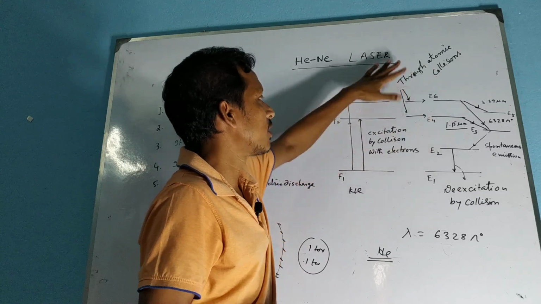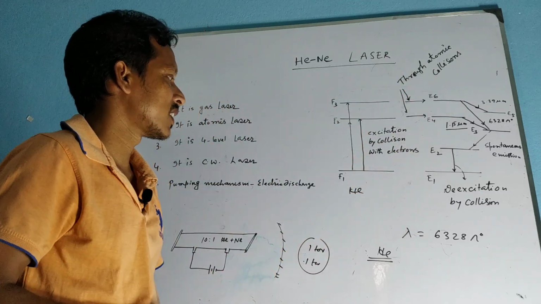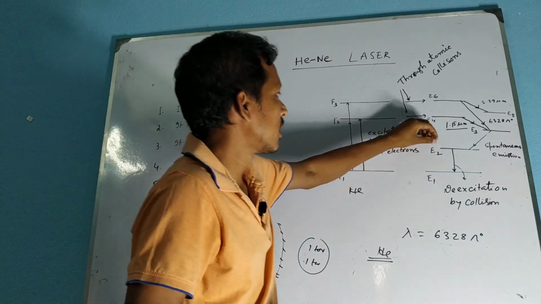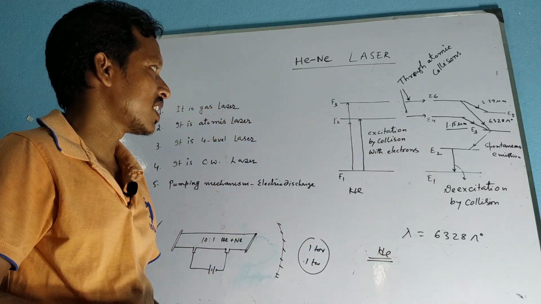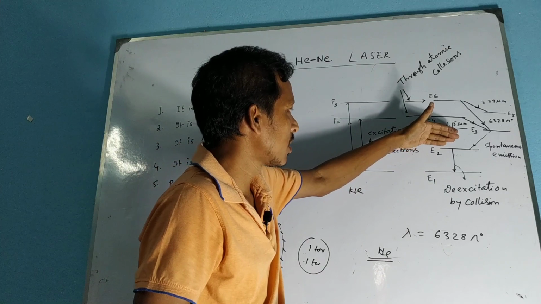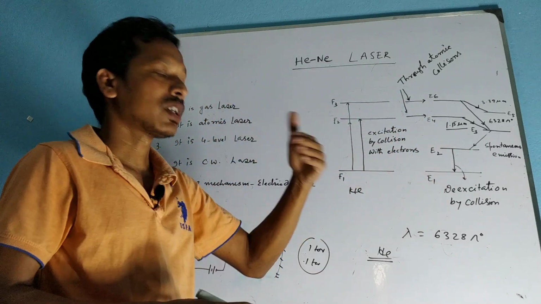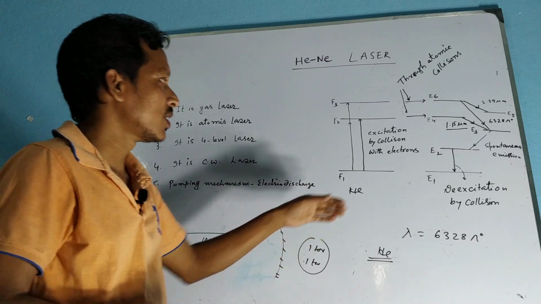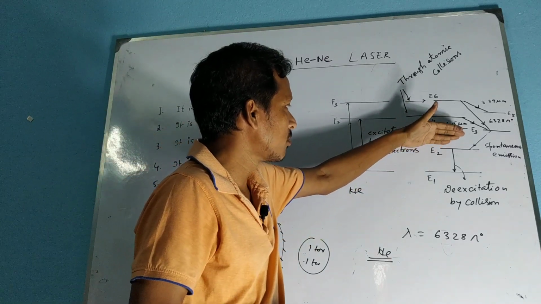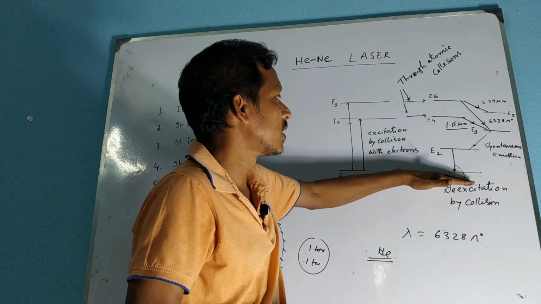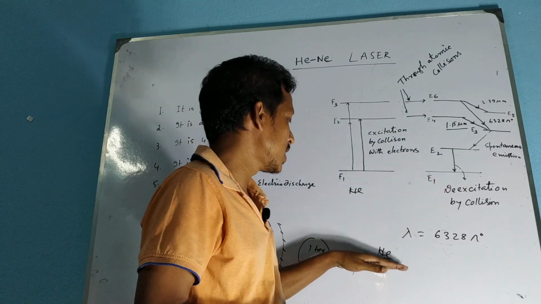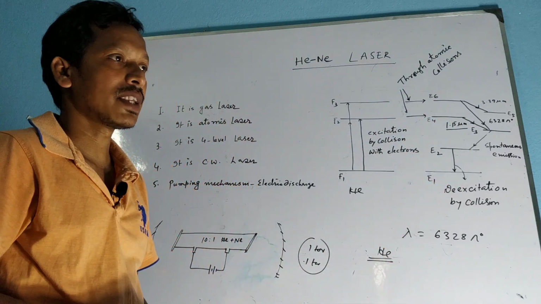So the helium atom is used for the excitation, and since the conductivity of helium is high, the neon atom comes back to the ground state due to the transfer of heat to the wall of the chamber. So the neon atom easily comes back to the ground state. So the helium atom is used both for excitation and de-excitation.